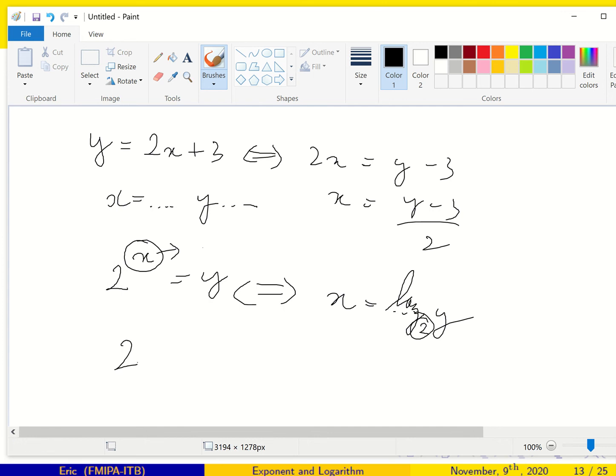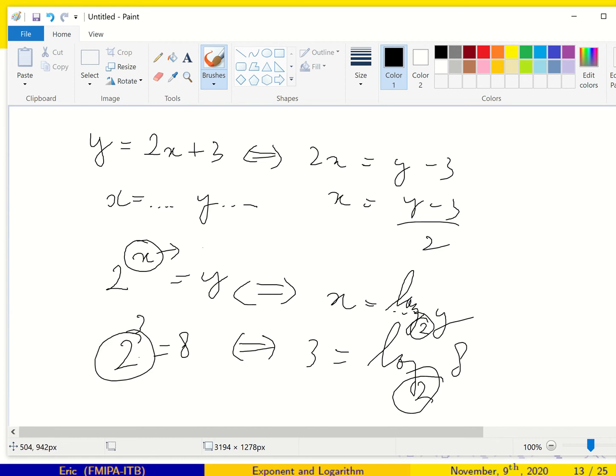The same if I have 2 to the power of 3 is 8, then in logarithm, 3 is log 8 with base 2. So this is just the inverse relation between exponent and logarithm, and that's why the base is the same, positive, and not 0, not 1.